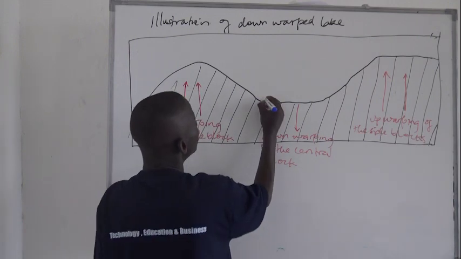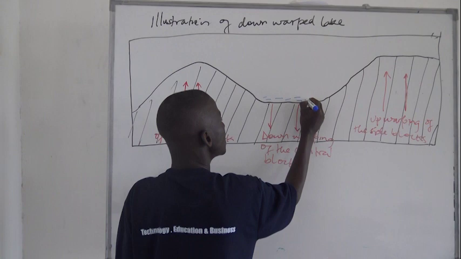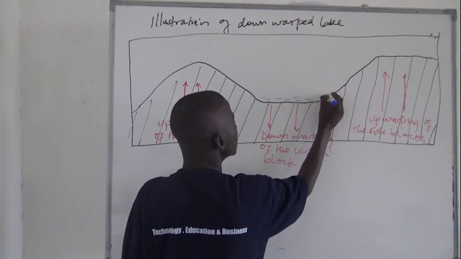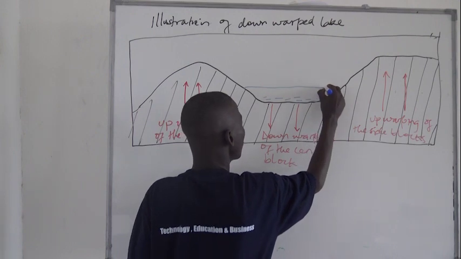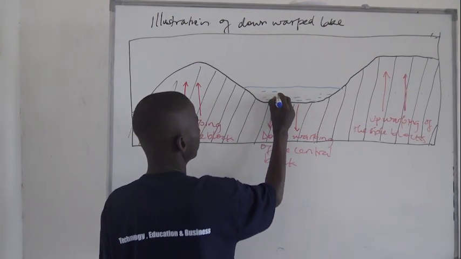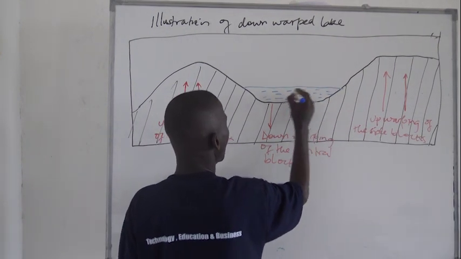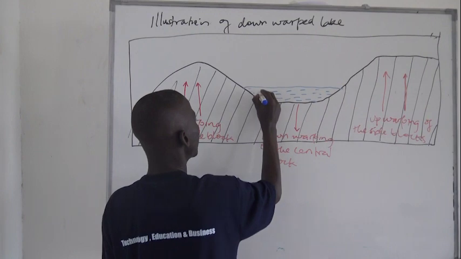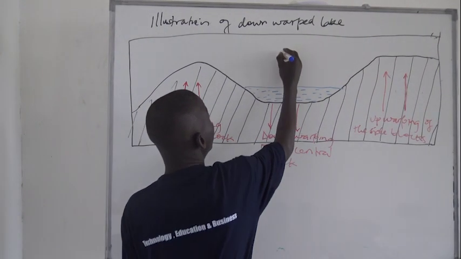So this is the central block. Because of downwarping, rivers start to pour water into this central block. And this became a lake.